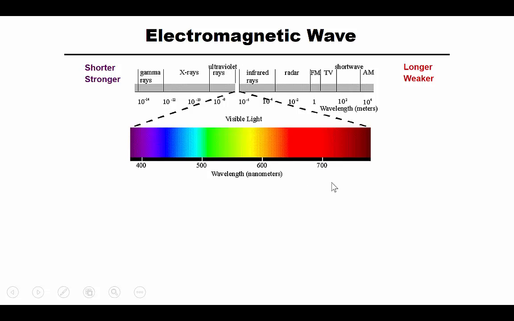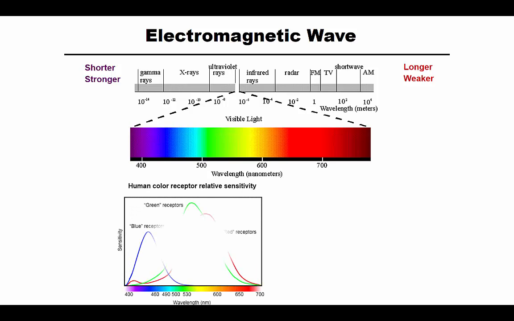Now, this very small range of the electromagnetic wave, the light we can detect, we arbitrarily call visible light, visible to human eyes. This light is an energy form of photons, and they have different wavelengths, and our eyes have different receptors for different wavelengths.